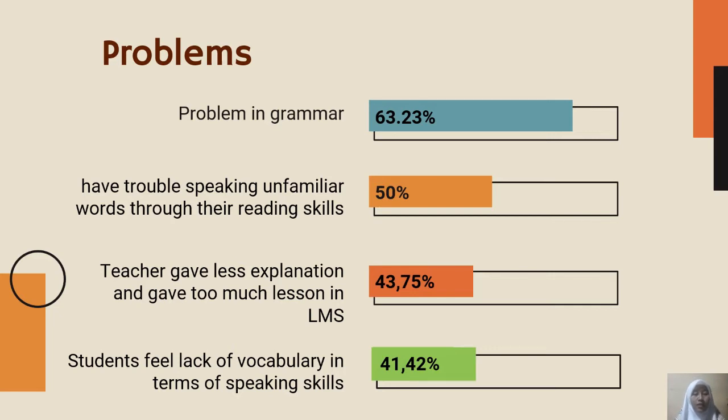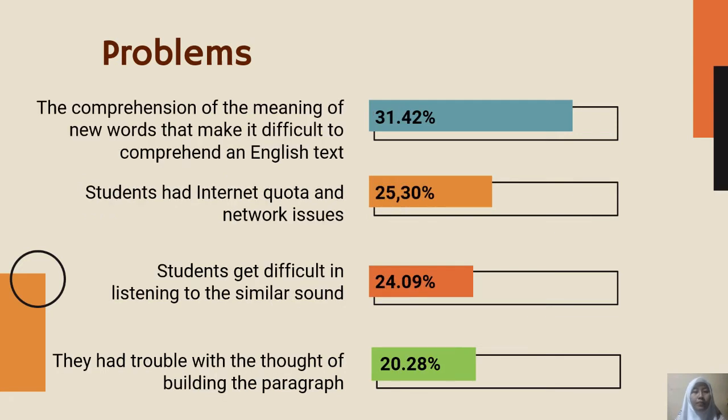And the next problem is students feel a lack of vocabulary in terms of speaking, so it can make students feel nervous when asked to speak in front of other students. And the next problem is comprehension of the meaning of new words, which makes it difficult to comprehend an English text.